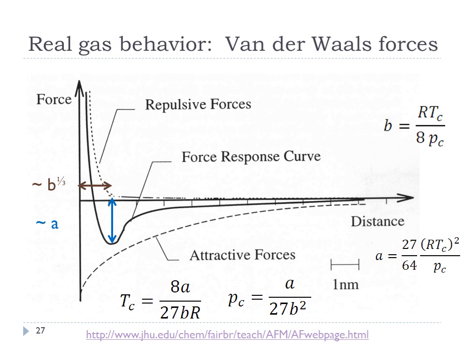And so that critical temperature looks like 8 times a over 27 times b times the universal gas constant. So a molecule that has a very large attractive force, a, is going to have a high critical temperature.